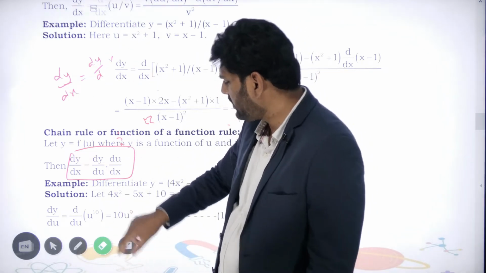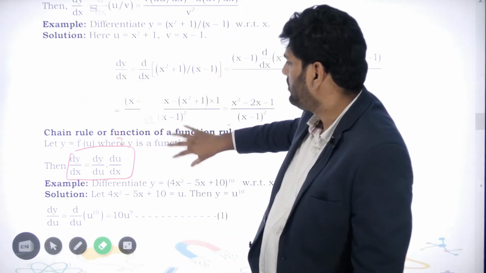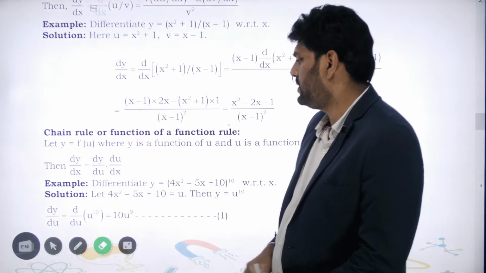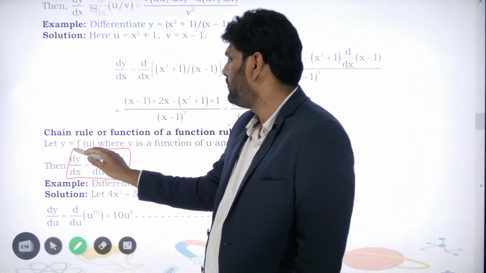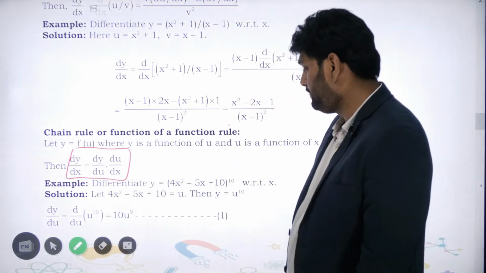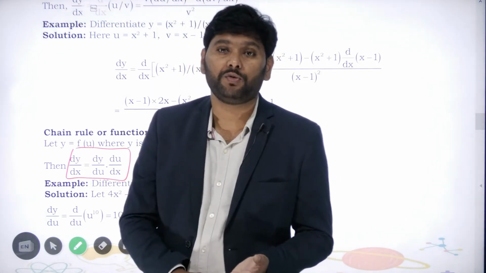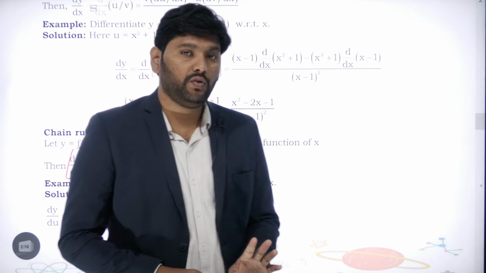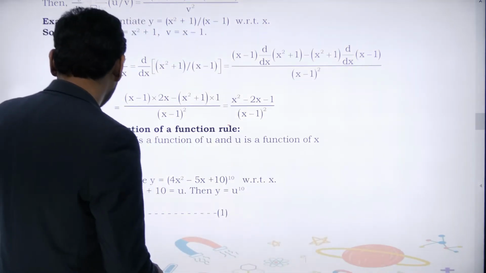Just write it down, and later we'll discuss the application part, don't get worried. So this is actually the chain rule. Just write down the formula. Based on this chain rule and the quotient rule, we'll do some applications, that is the practice sheet. So directly I'll go for the practice sheet.